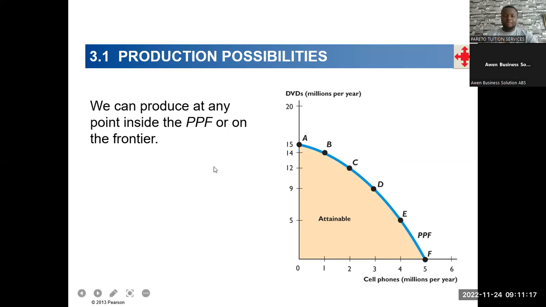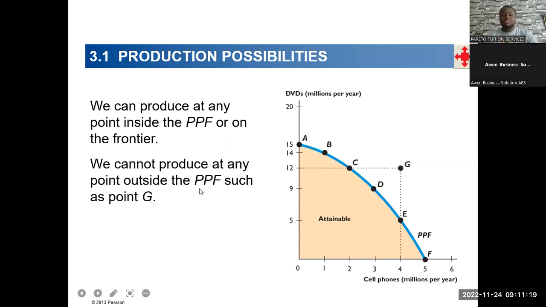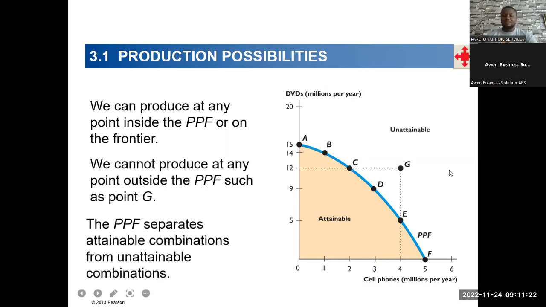All right. But then any point outside the PPF is unattainable. If you take a point like J, it means we want to produce 4 units of cell phones and 12 units of DVDs. It is not possible. The resources that we have now will not permit us to produce beyond the PPF.